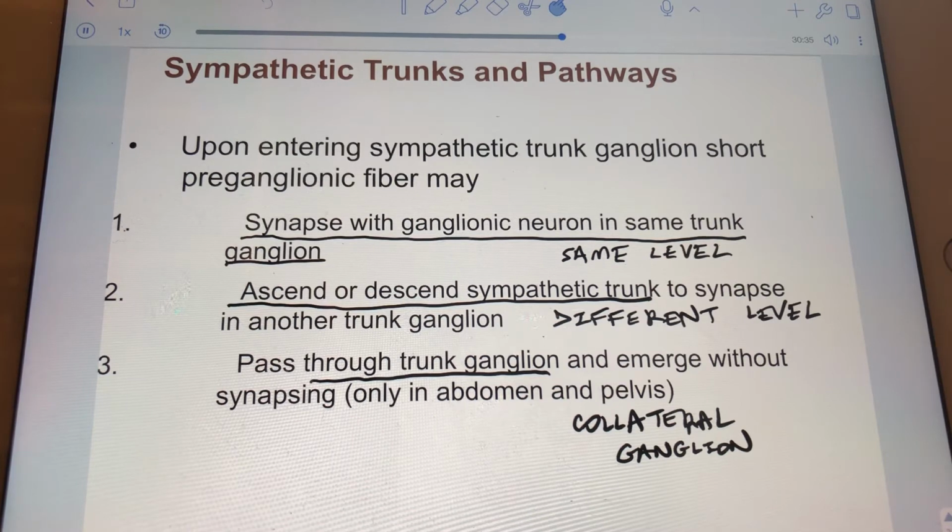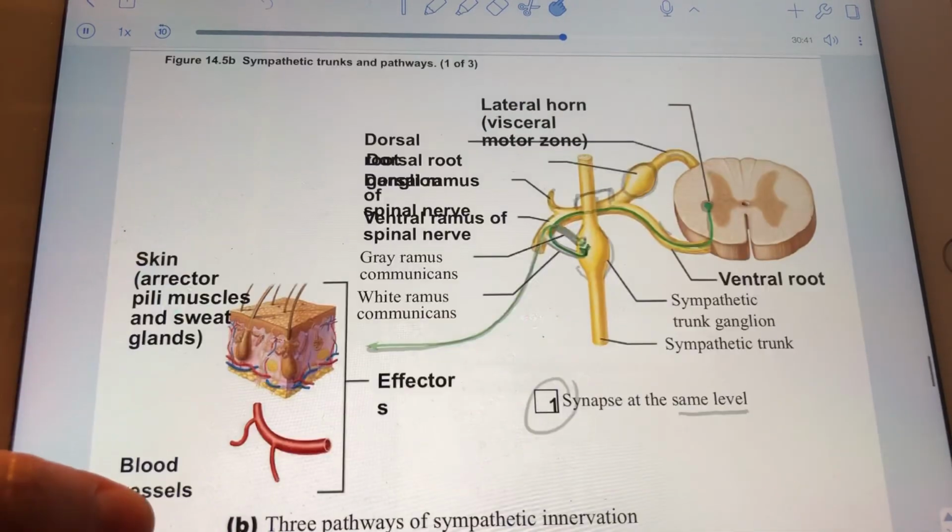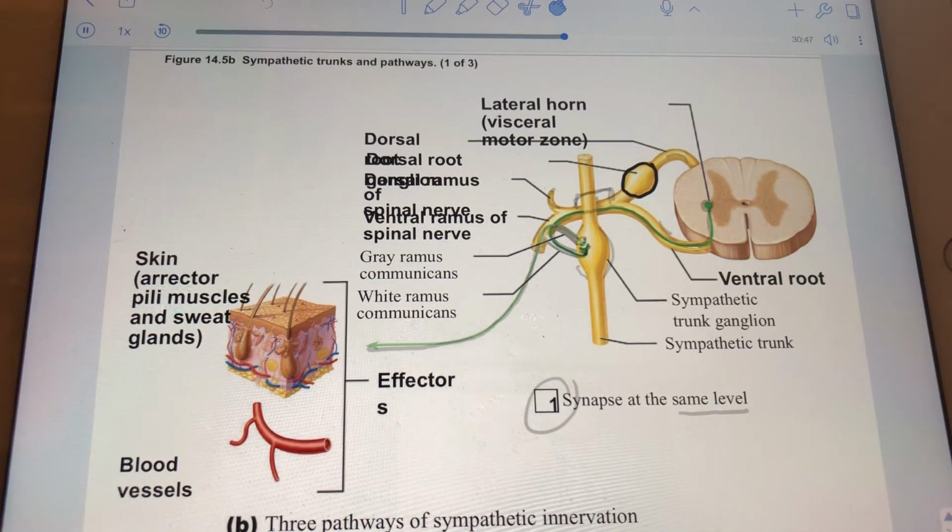Okay, let's look at those. So slide 23. Okay, again, here's our dorsal root ganglion. Here's our dorsal root. Here's our ventral root. Here's our spinal nerve. Okay, here's our dorsal ramus. Here's our ventral ramus.